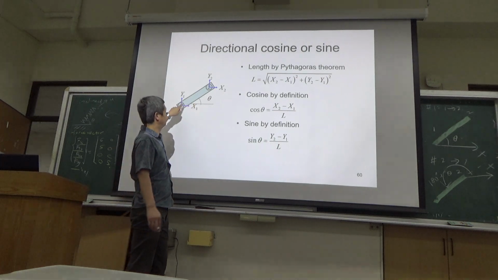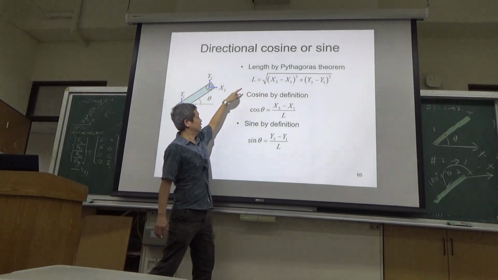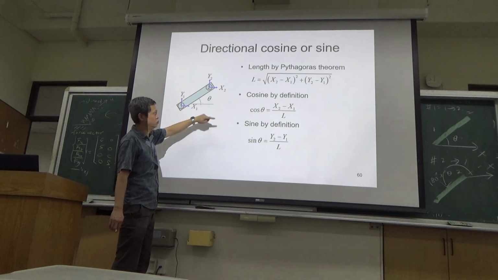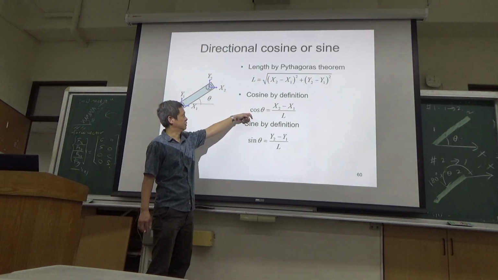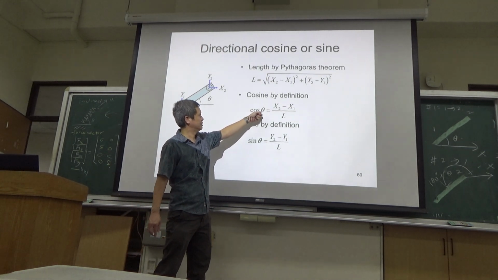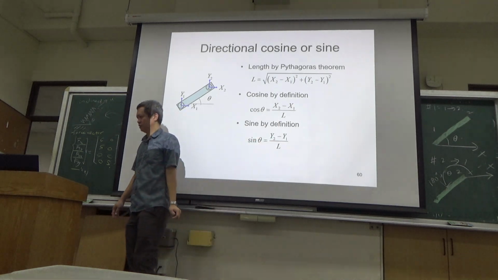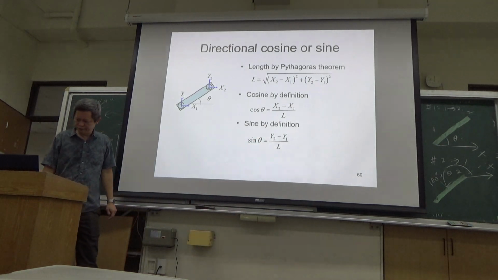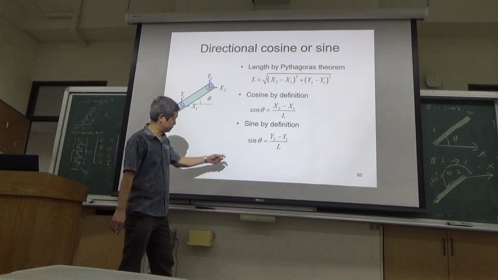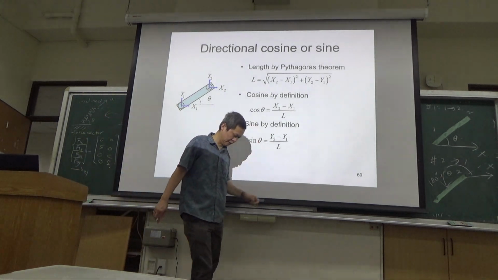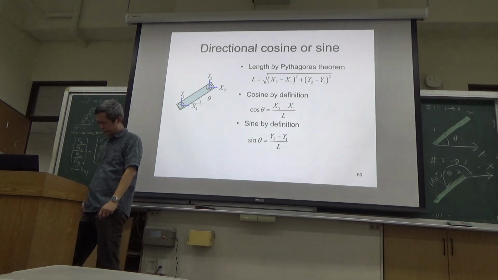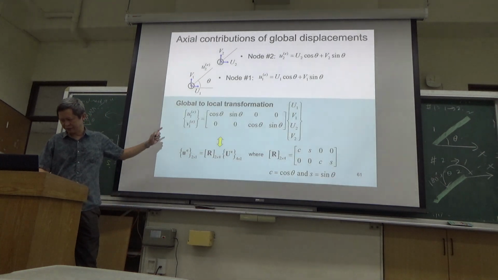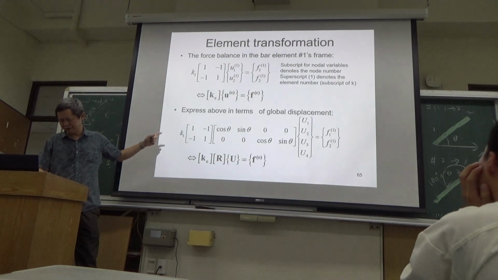The angle is obtained from the vector from node 1 to node 2. Your cosine of the angle is the ratio of the projected displacement on the horizontal axis divided by the total length, and the sine is the projection onto the vertical axis. Okay, we have defined all these.